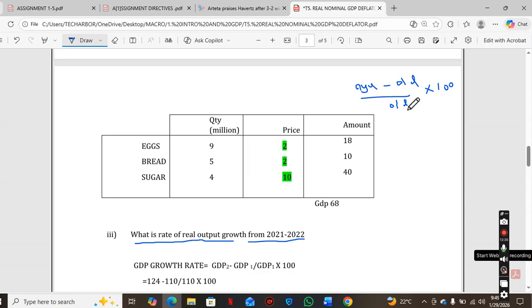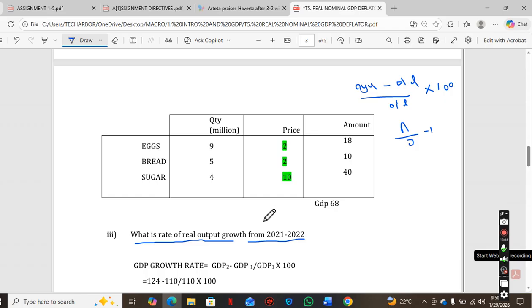Never forget this, because those who are going to be doing masters and financial decisions for managers will be given reports where you have to analyze financial statements, and you're going to be using this formula a lot. Maybe even in fourth year you might see it also. So remember, anytime you get a percent change, it's new minus old divided by old. Or the other one is new divided by old minus 1.